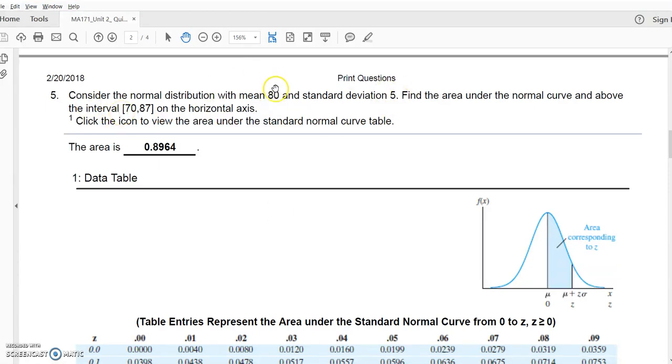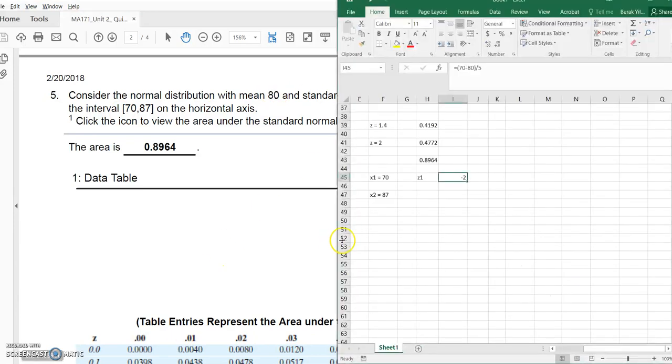So 70 minus 80, which is negative 10, divided by 5, which is negative 2. We figure out z2 the same way, 87 minus 80, inside parentheses, divided by 5, and that gives 1.4. So remember, the z-scores are negative 2 and 1.4.